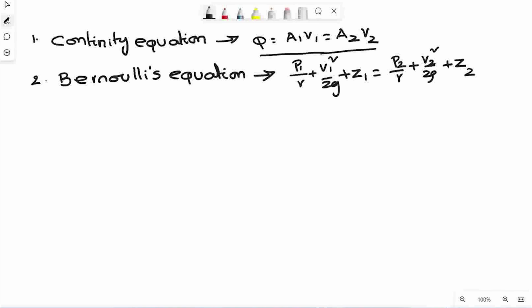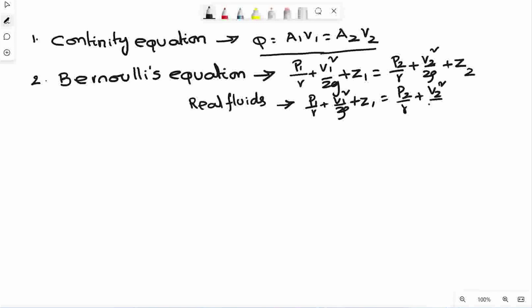This is for non-viscous fluids. And if you want to use the same equation for real fluids, then the head loss comes into the picture: P1 by gamma plus V1 squared by 2g plus Z1 is equal to P2 by gamma plus V2 squared by 2g plus Z2 plus head loss. This is what we have learned.